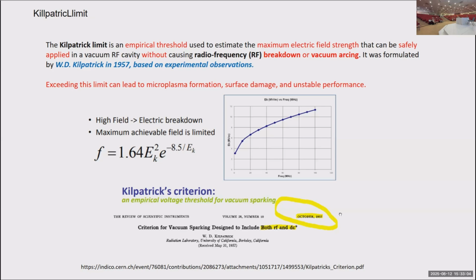And for microwave, it also depends on the frequency, directly related to each other. You have to compute those things for your cavity.